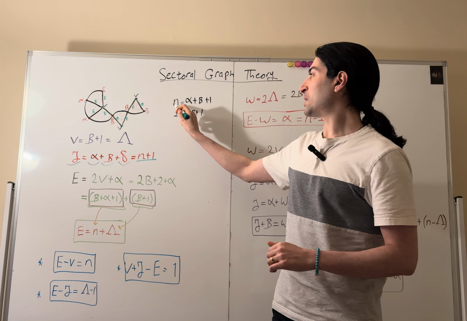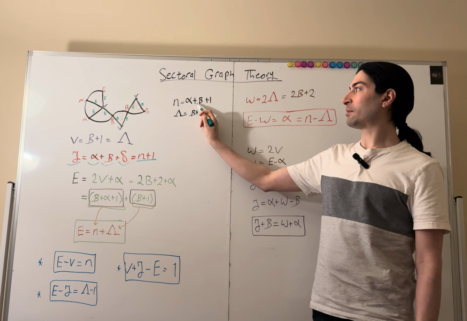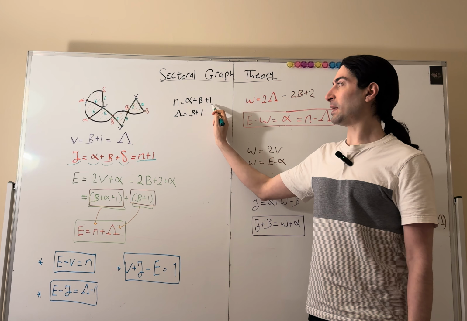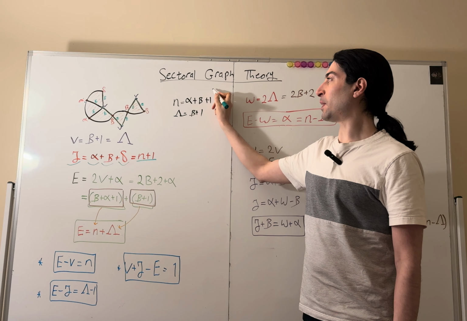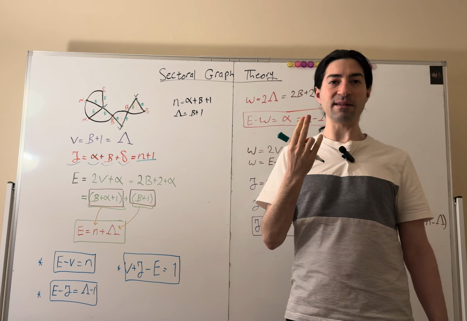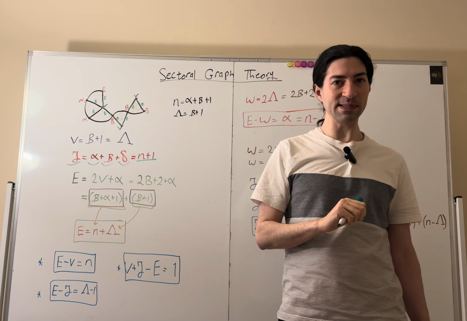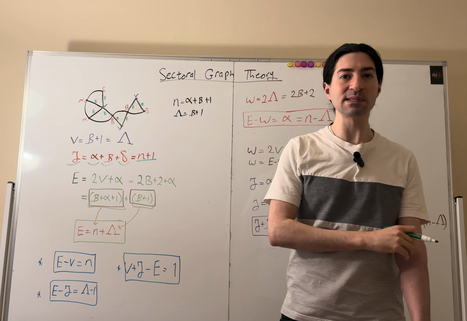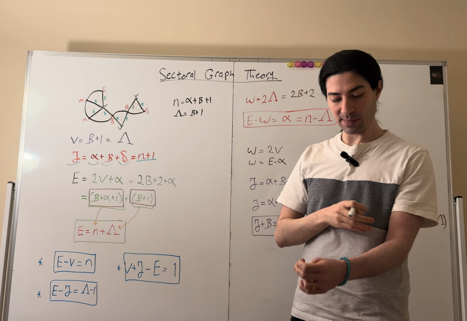We saw that n was equal to alpha plus beta plus 1. If we replace the 1 by delta, then the delta joints for an open sectoral structure are always 2. So this is why this equals n plus 1.